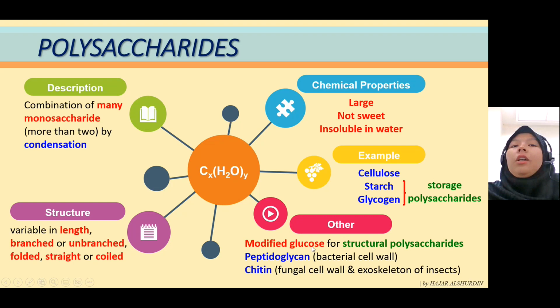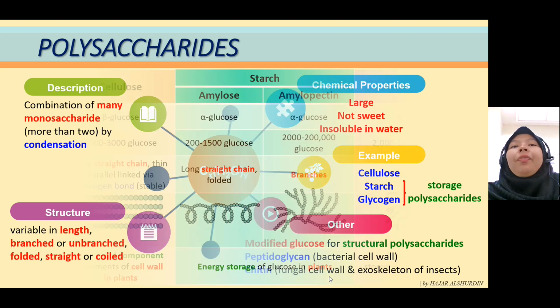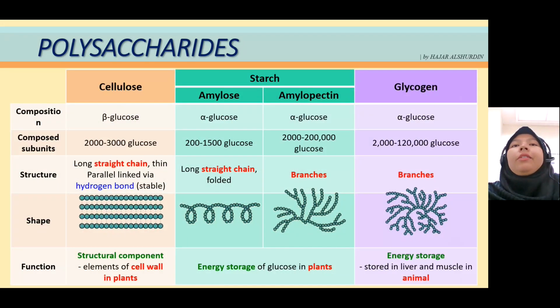Another function is structural polysaccharides made from modified glucose, for example peptidoglycan present in the bacterial cell wall, and also chitin in the fungal cell wall. These are the examples of polysaccharides, with their composition and subunits, structure, shape and functions.